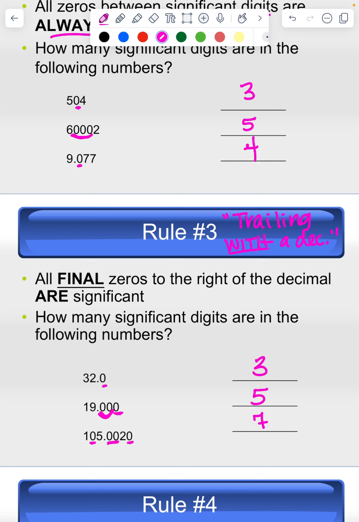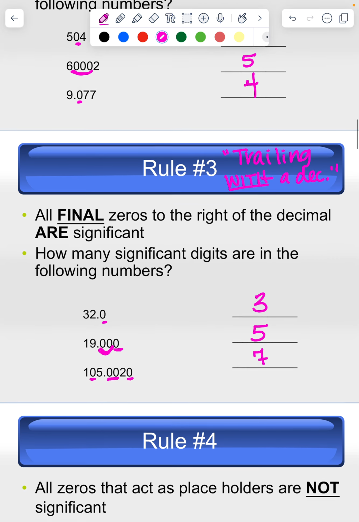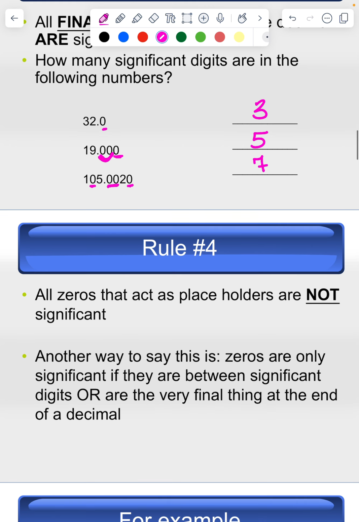All right, now rule number 4. This is kind of like rule number 4 and rule number 5. We call these zeros placeholders. Okay, so placeholders are not significant. There are 2 kinds of placeholder zeros. We have leading zeros. These are zeros that come at the front of any number.